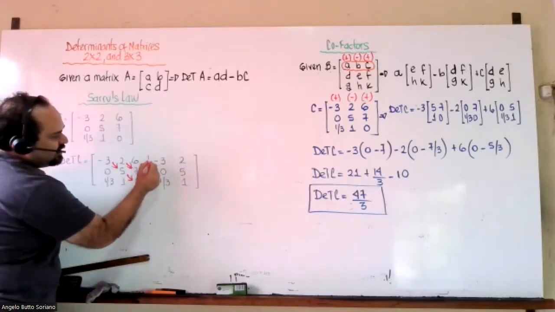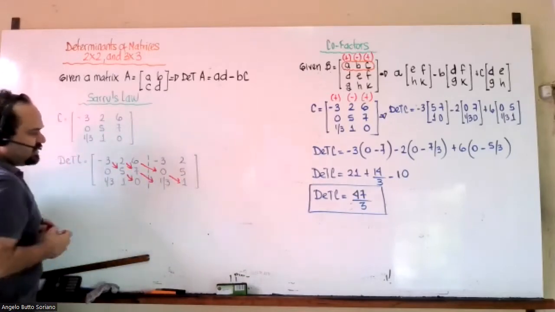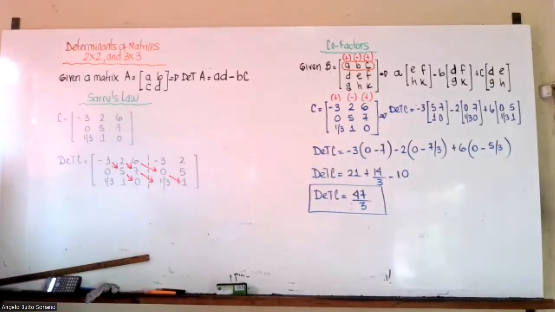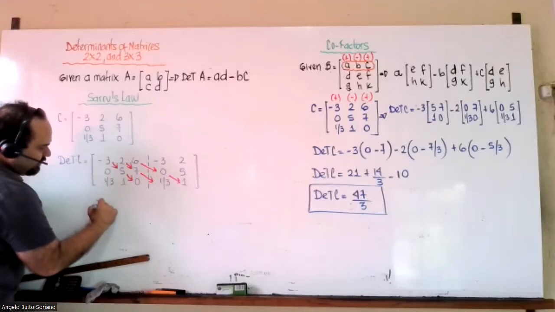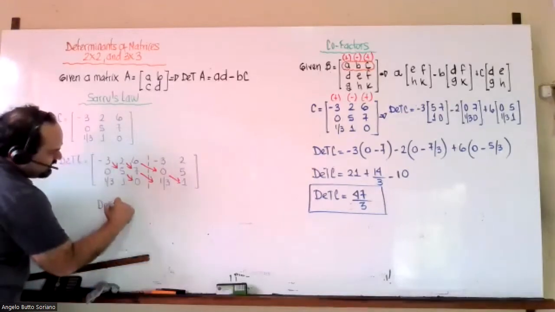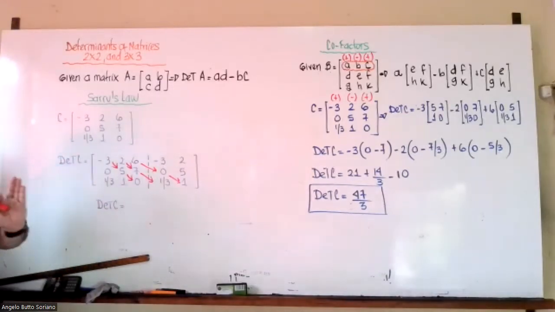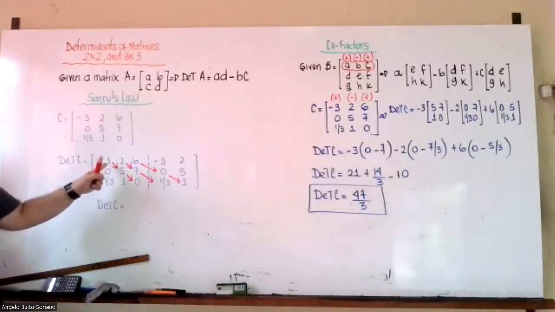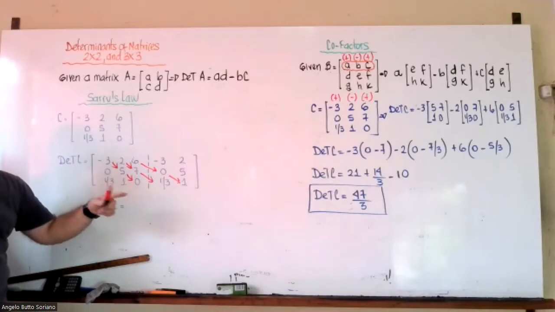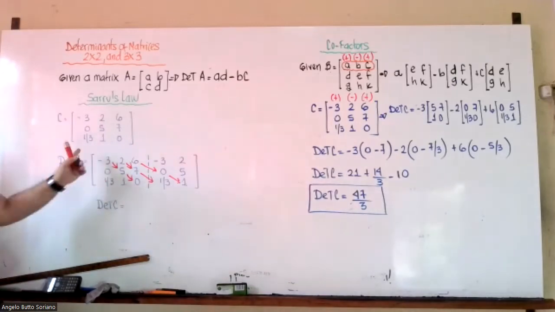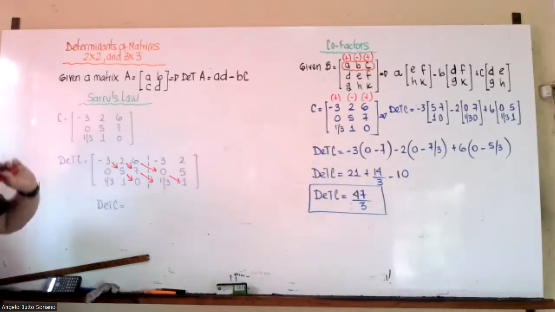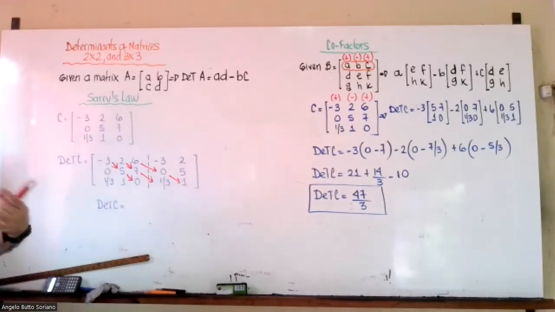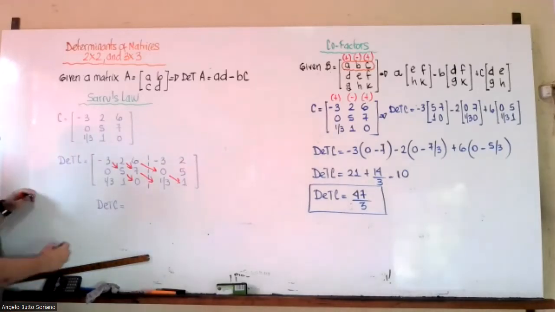And finally, 6 times 0 times 1. I'm not saying that's it yet. We're going to apply determinant C. I'll do it step by step, but just to summarize, these arrows indicate which numbers you're supposed to multiply. I can do it at once, but I do it step by step to make the process clearly understandable.